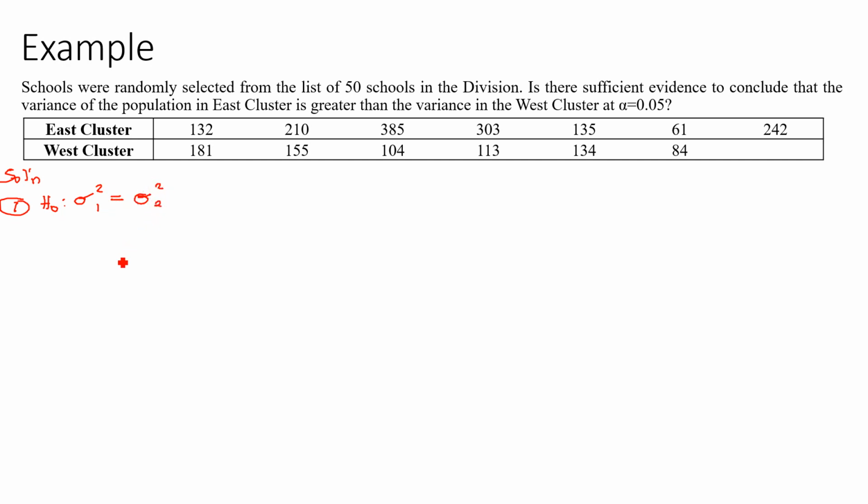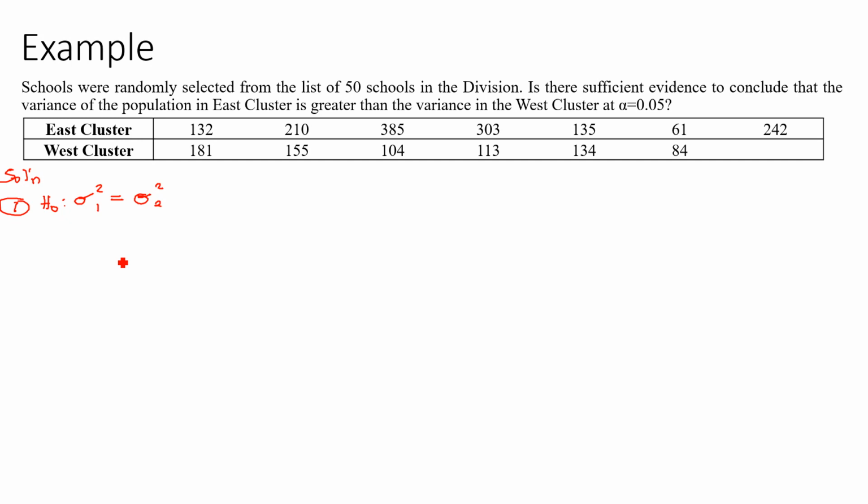Why do we have this kind of mathematical statement? Take note that the null hypothesis in this case would be there is no significant difference between the variances in the population of East cluster and the West cluster. That is our null hypothesis.